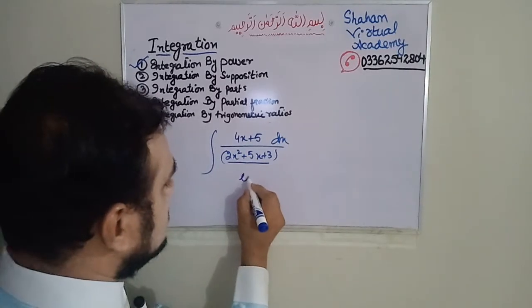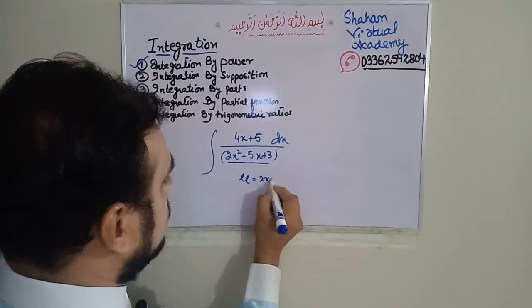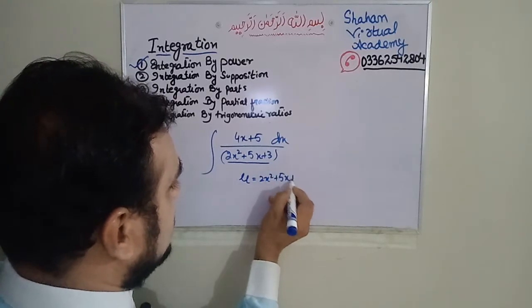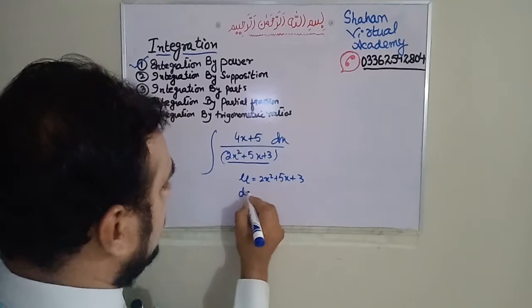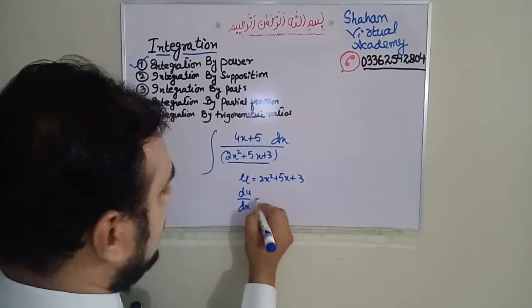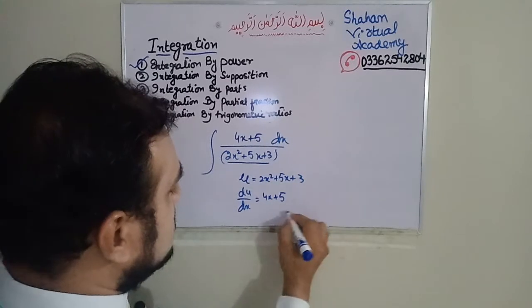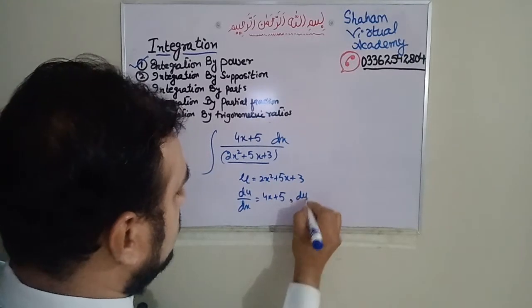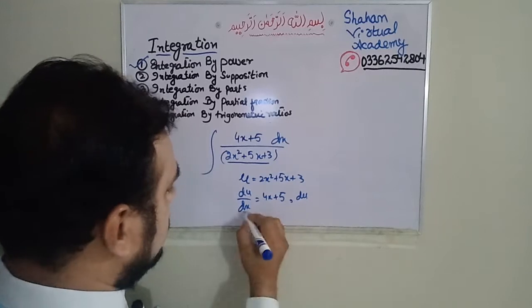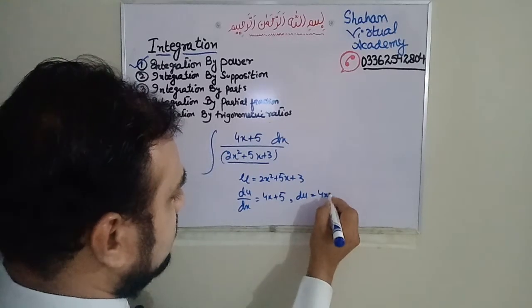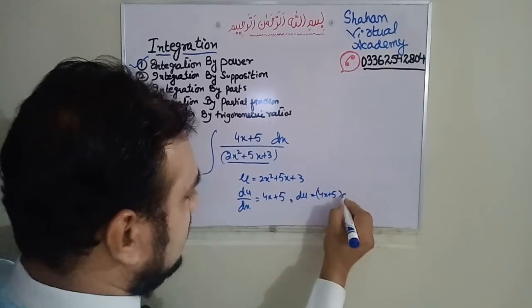So we assume u equals 2x squared plus 5x plus 3. When we differentiate with respect to x, we get 4x plus 5, so du equals 4x plus 5 dx.